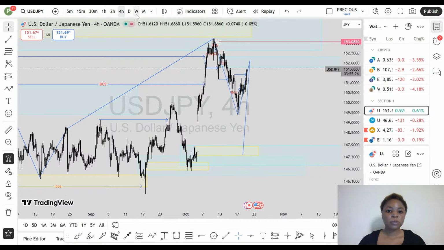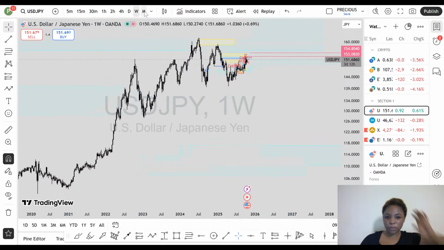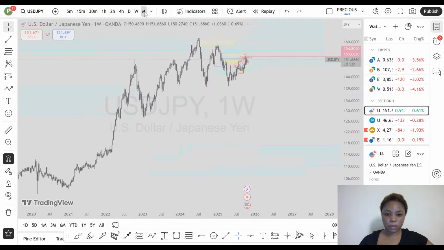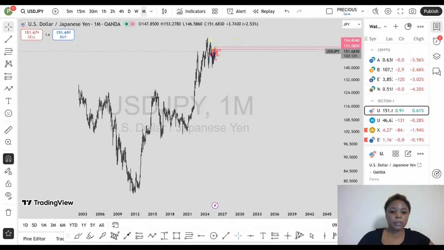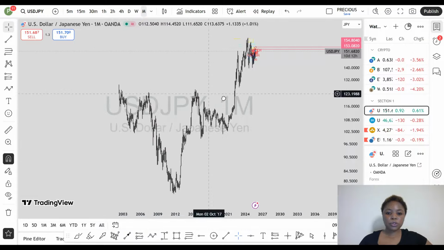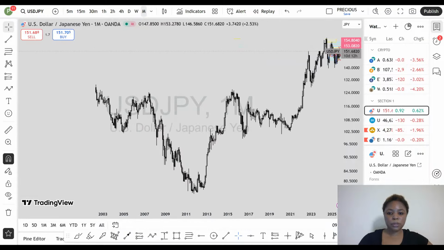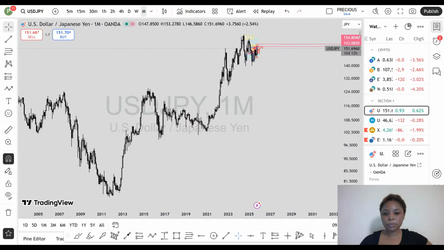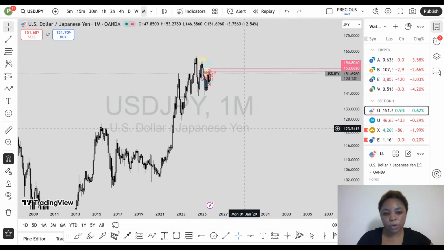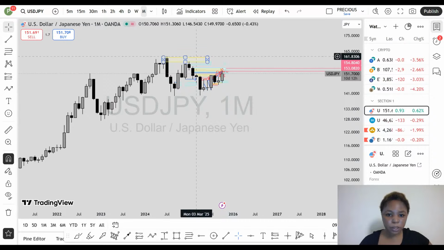Because on the weekly time frame, let's see how this market is. Can you guys see the structure here? We are very bullish here. This is a monthly. So we are expecting price to come into this level here.